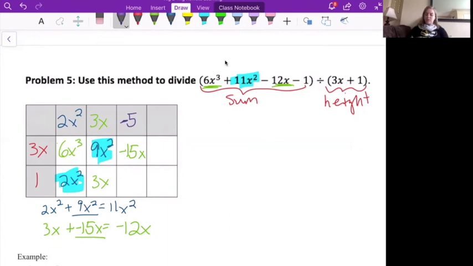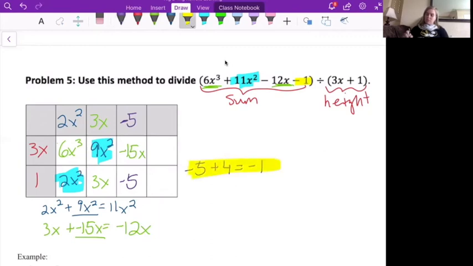So then this would be negative 5. And then we want our sum to be negative 1. So I'm going to take negative 1 plus 4. Sorry, negative 5 plus 4 gives me negative 1.